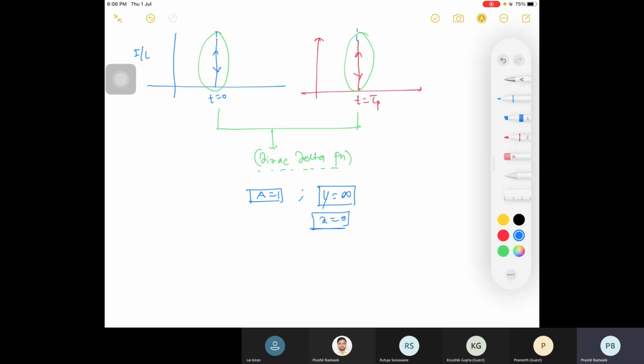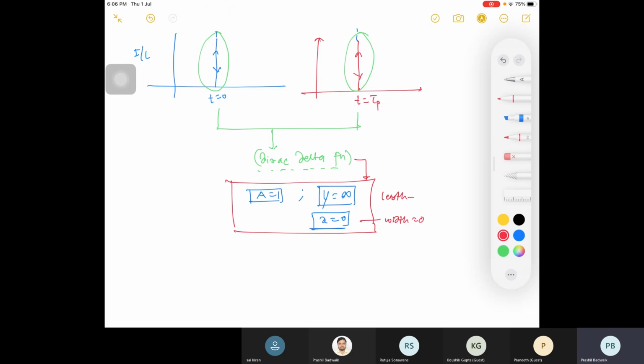This kind of situation is called the Dirac delta function. This is from mathematics. This condition is applicable in an ideal PFR, where you have a peak at a particular time with zero width. So the width is equal to 0 and the length is infinite.